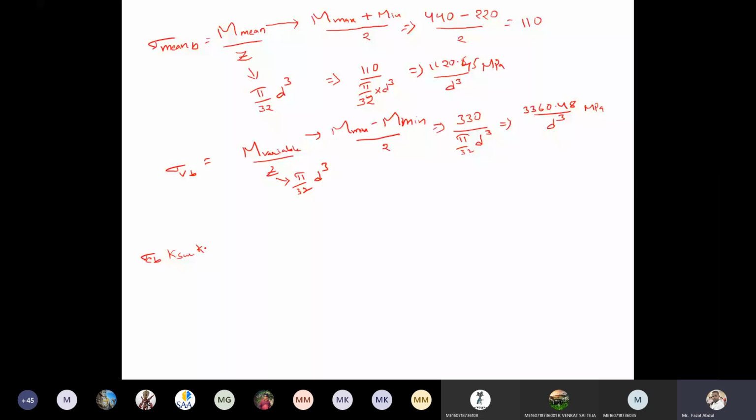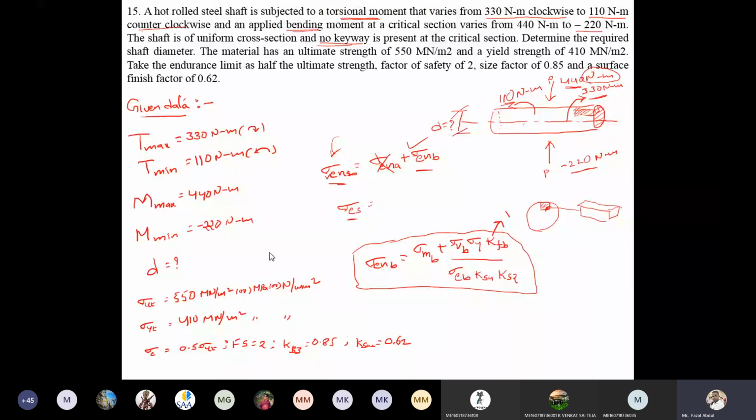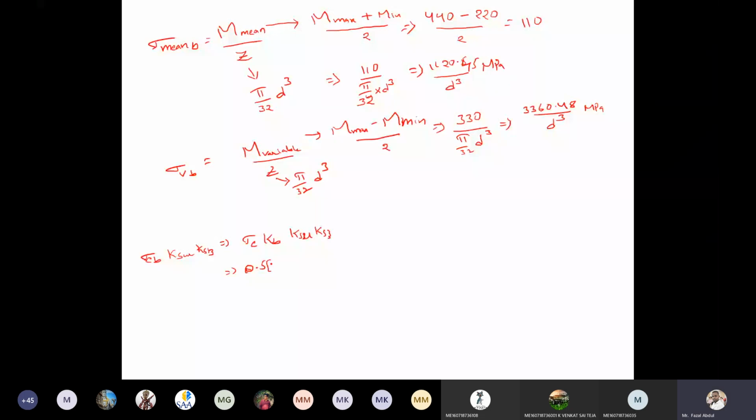Sigma e value is given in the problem. Sigma e is given in the question as 0.5 in terms of ultimate. What is the ultimate value here? Ultimate value is given as 550 megapascal.